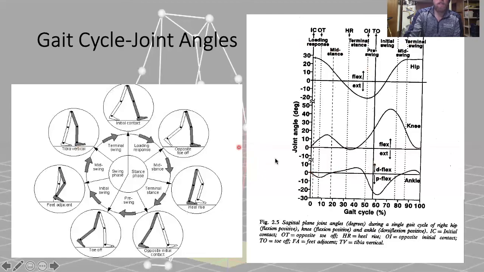At initial contact, we don't have a whole lot of joint movement going into opposite toe off, and this is also considered the rocker position, where the ankle, you look at joint angle, when you make initial contact, you get a heel strike into the ground.